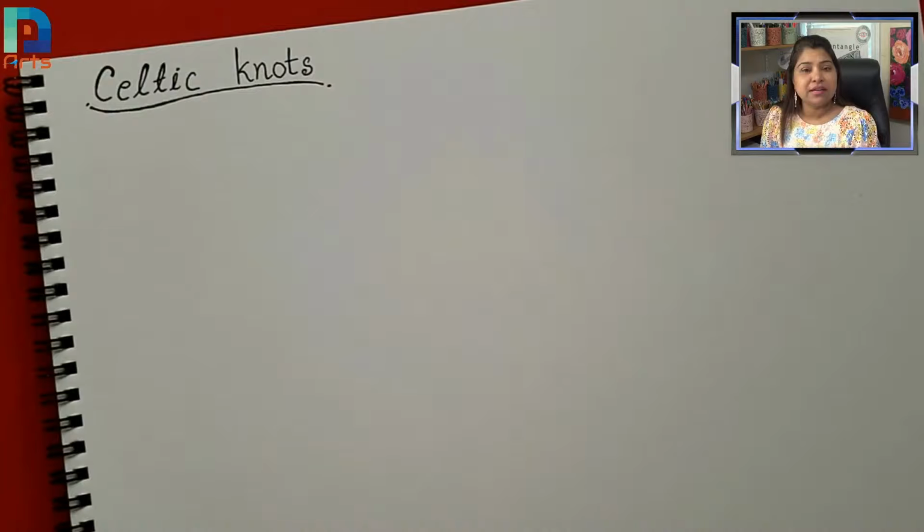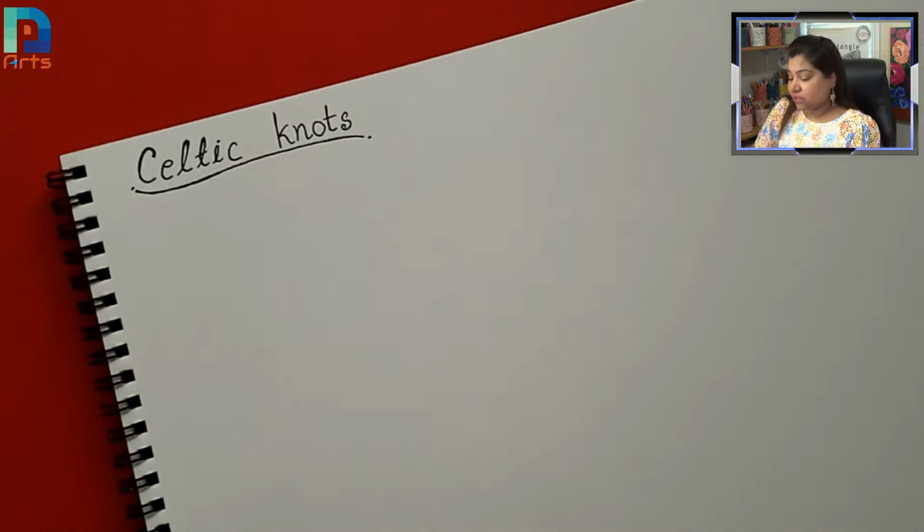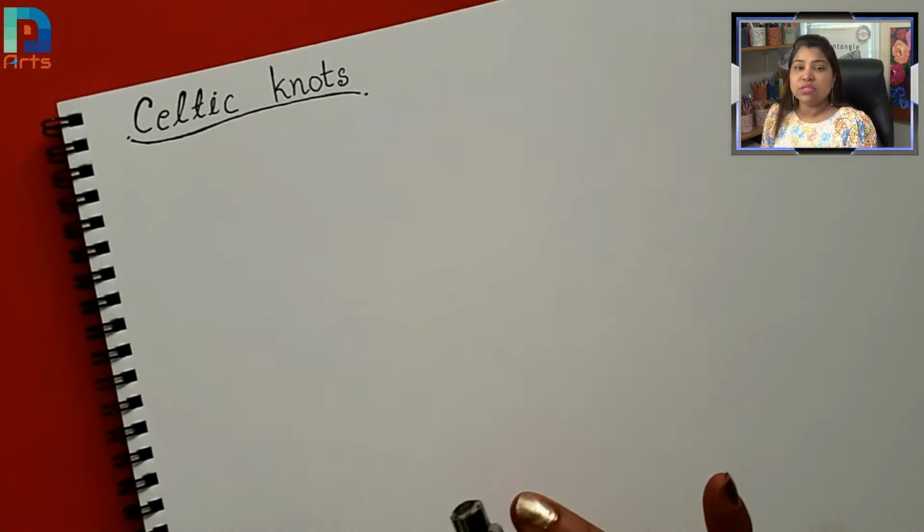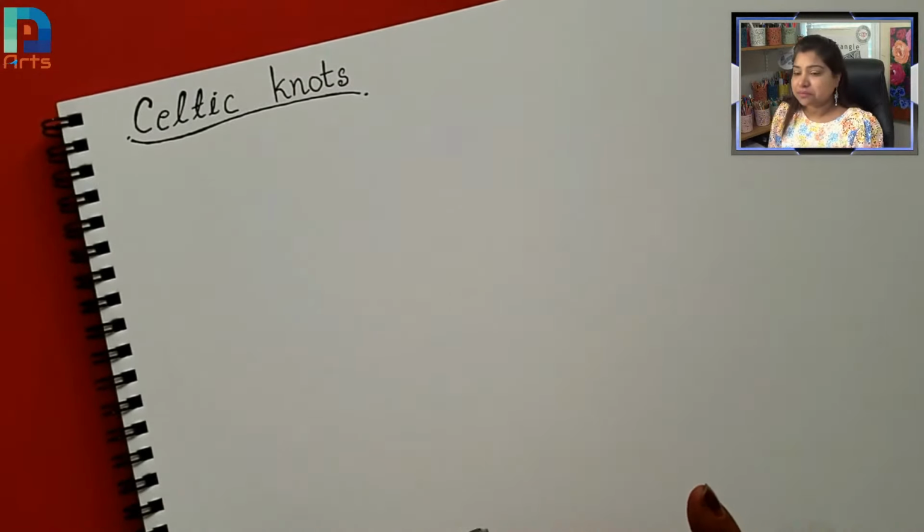It especially started all around mid-Europe, and then it spread everywhere all around the world. So basically, what is a Celtic knot? A Celtic knot is any kind of knot that is endless. There is no start and no end.